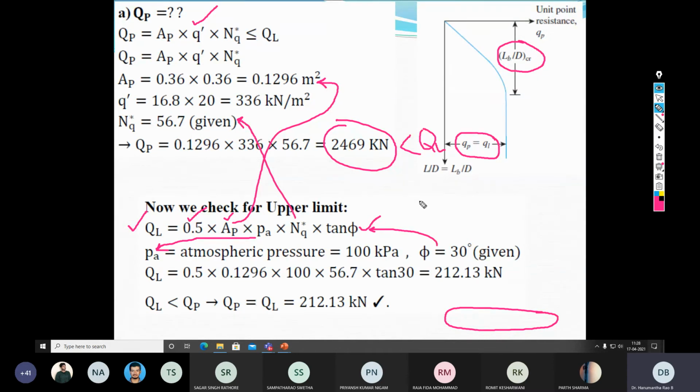Now since we need to restrict QP to less than QL, QL can be taken as the final value of QP. So the point bearing resistance is nothing but the limiting value of QL, that is 212.13 kilonewton. This is one of the important steps that you need to follow when you use the Meyerhof theory for the calculation of end bearing capacity.